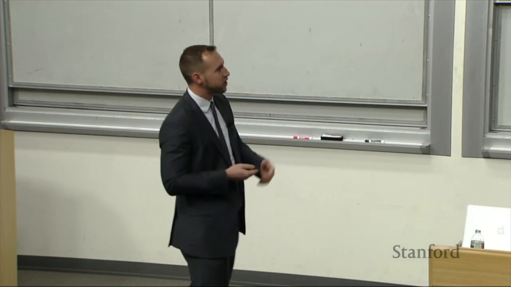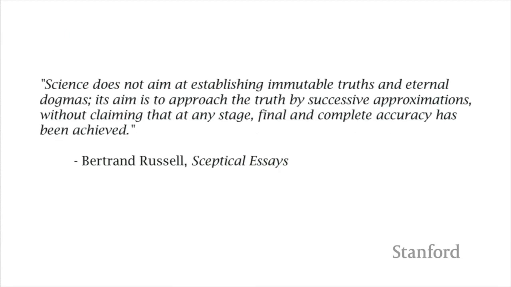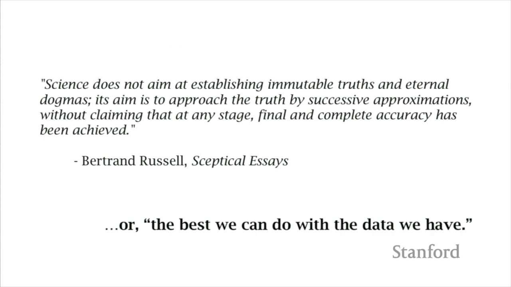So this equation is certainly not the ground truth, the universal law of conductivity, but it is the first iteration of building a model that can be deployed across any arbitrary set of materials. Another way of saying this, less eloquently but more concisely, is that it's the best we can do with the data that we have.